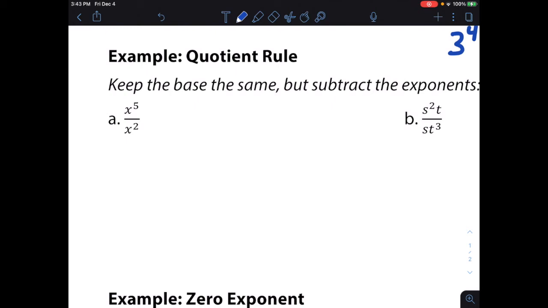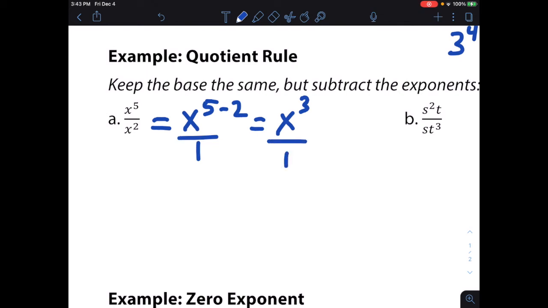So the first example, the exponent is larger in the numerator, so I'm going to say x to the 5 minus 2 or x to the 3rd. Now I didn't write the 1 underneath, because it is a fraction, right? So notice how all the subtraction took place in the numerator.